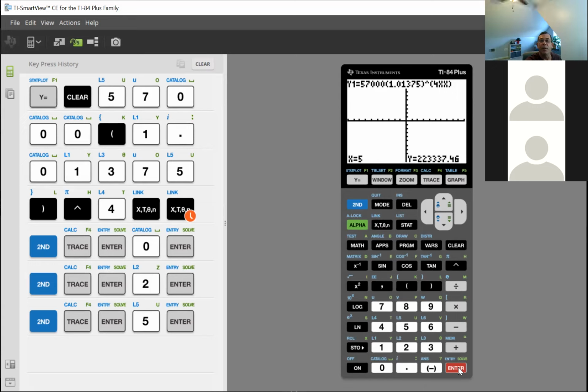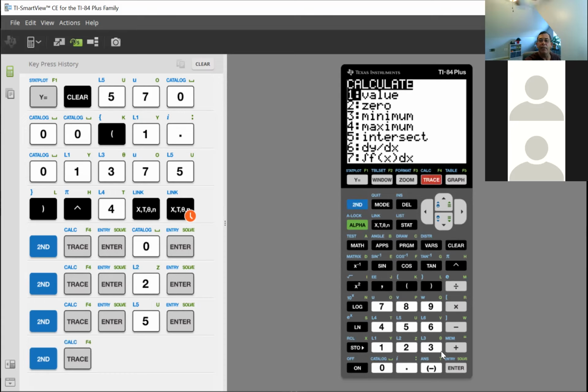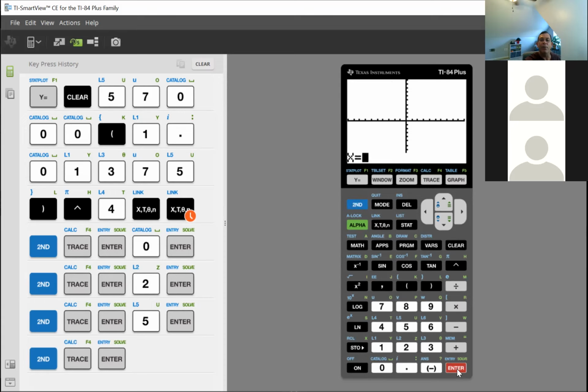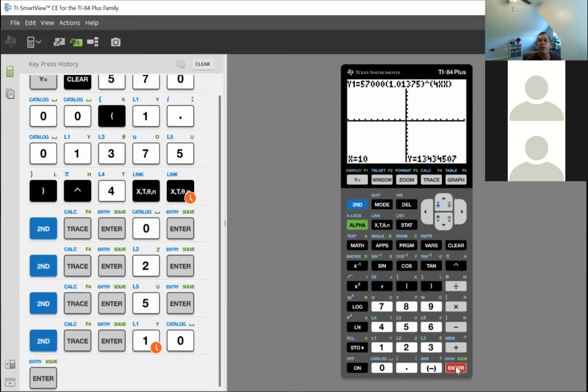So y'all, this is easier than throwing in these numbers, right? So then you would do second trace for calculations, enter for value, put in 10, and enter. Whoa, that's like 13 million there, 434,507.